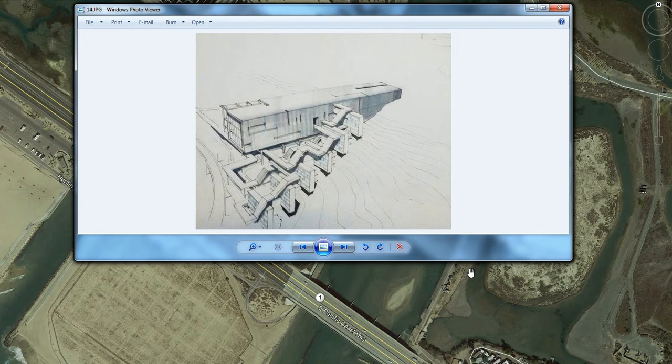Another image showing, this time not roads, but circulation, and circulation expressed as an artistic and expressive portion of the architecture. Okay, but if you think about it, roads and walkways are both the same thing, just for different types of uses.